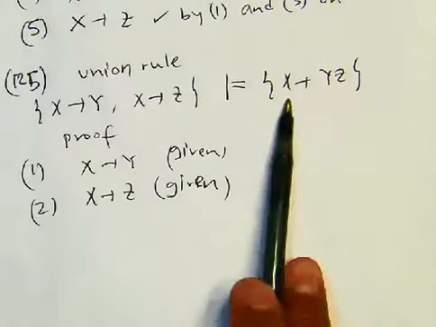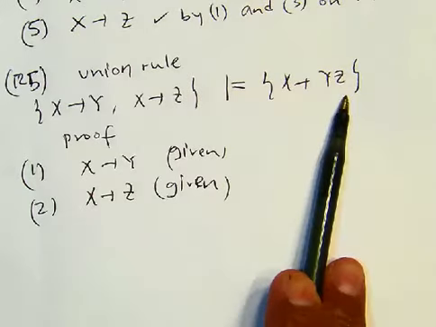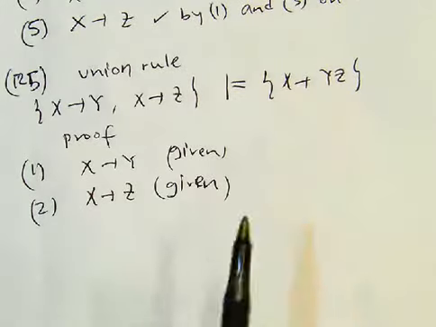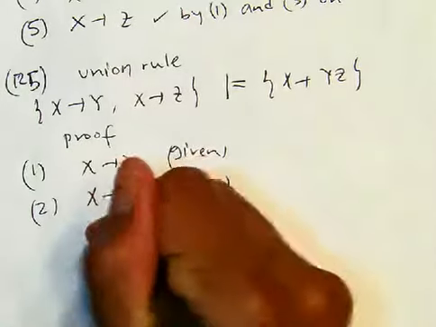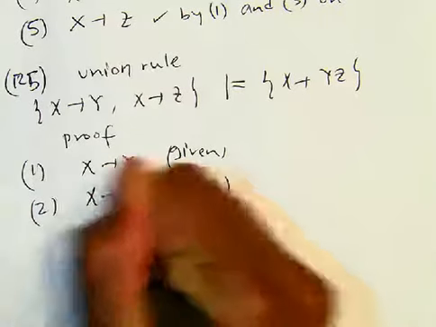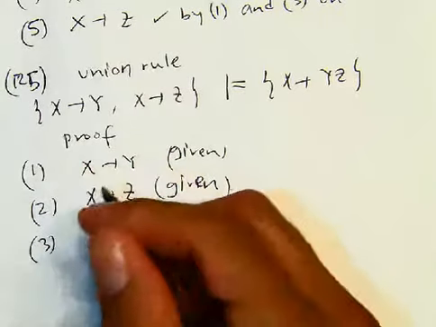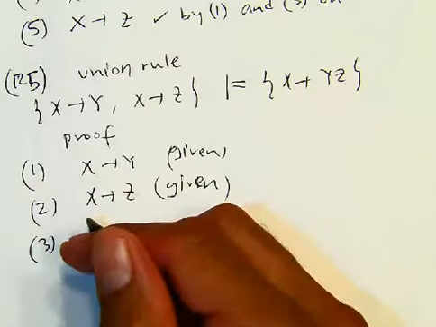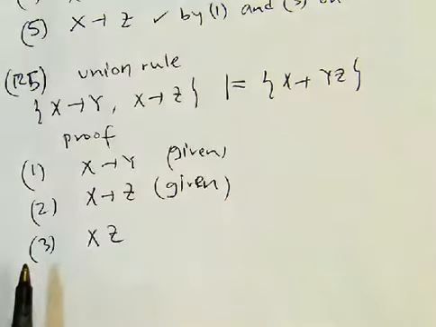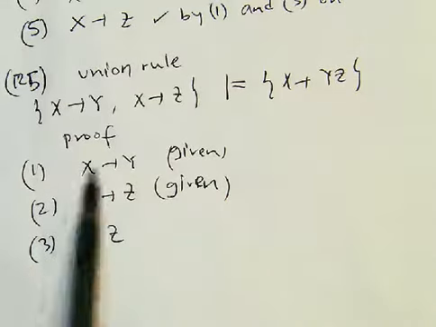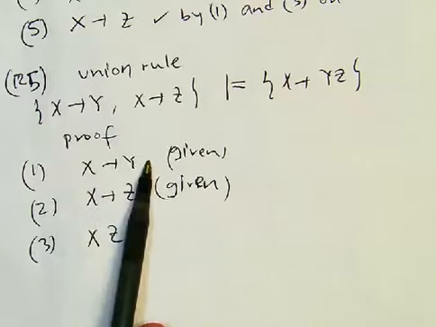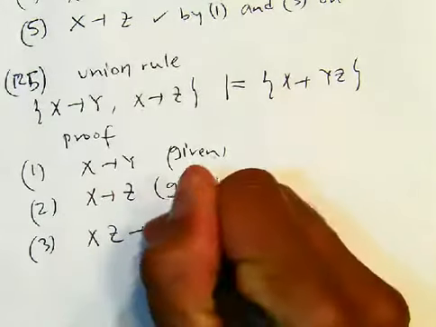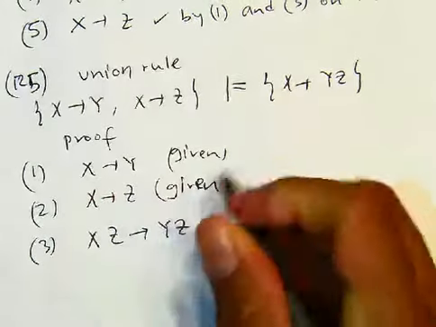Now we want to go here. So then we can also say that XZ. If I add Z to those two sides, that will be the augmentation rule. That will be the same as doing YZ.